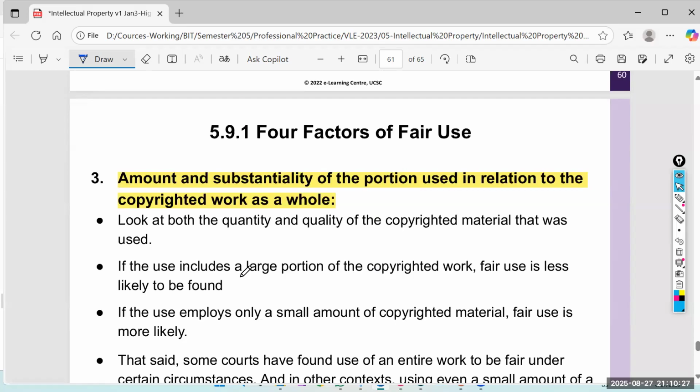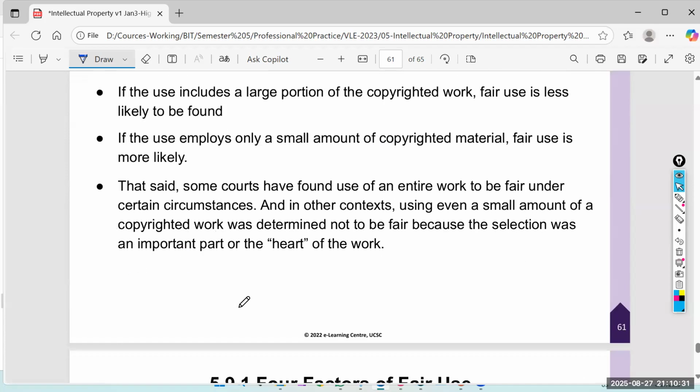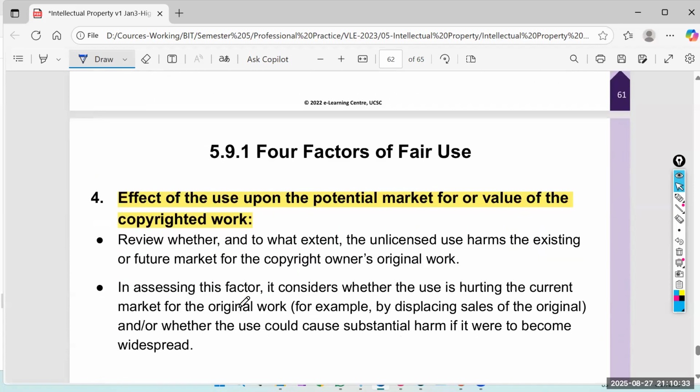Is it too much or is it okay? Okay. Fourth one is the effect of the use upon the potential market for or value of the copyrighted work. So that is all about your commercial value. Okay.